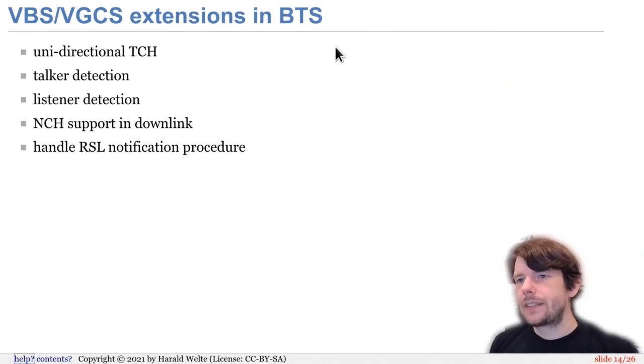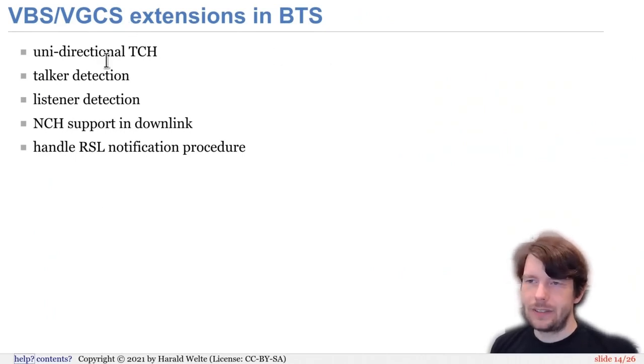So what kind of changes do you need to make to a GSM implementation if you want to add GSM-R support? There is a need for unidirectional TCH, as we just discussed. Also, there's so-called talker and listener detection, which uses some special REG values in the uplink TCH.